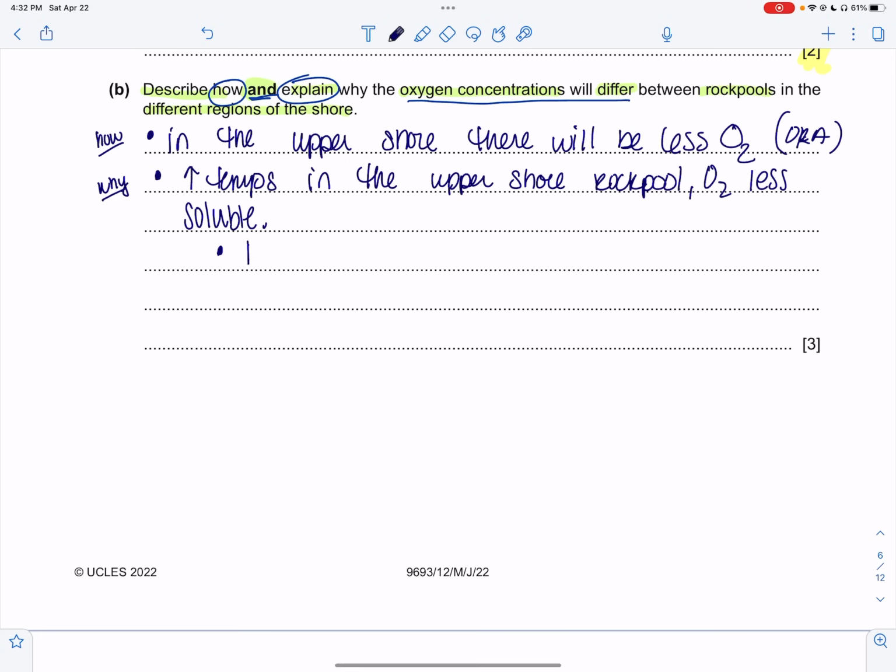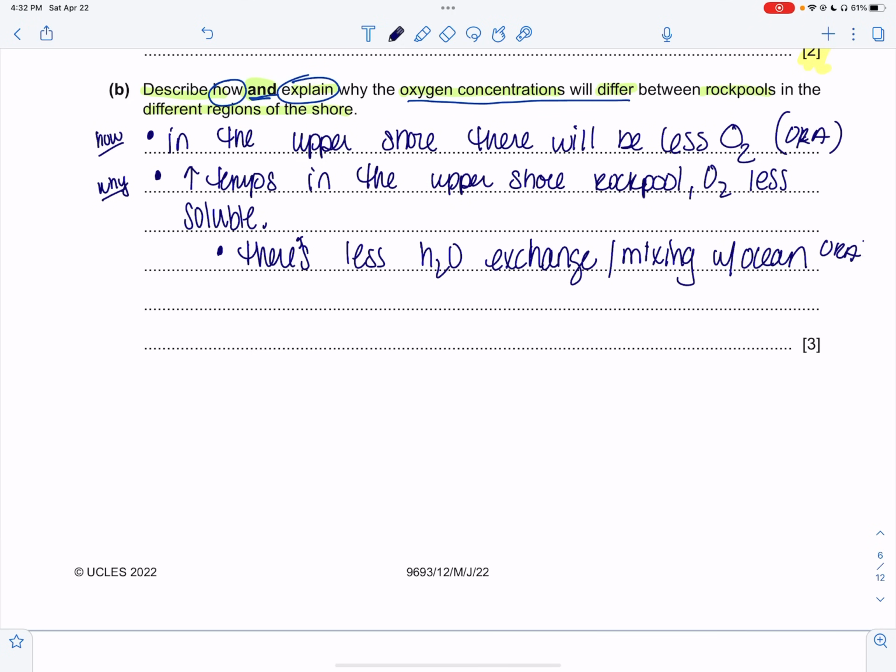All right. And there's less water exchange or mixing with the ocean. Again, or the reverse argument, if you're talking about the lower shore, you would say there's more water exchange or there's more mixing with the ocean. All right, then our evaporation thought.